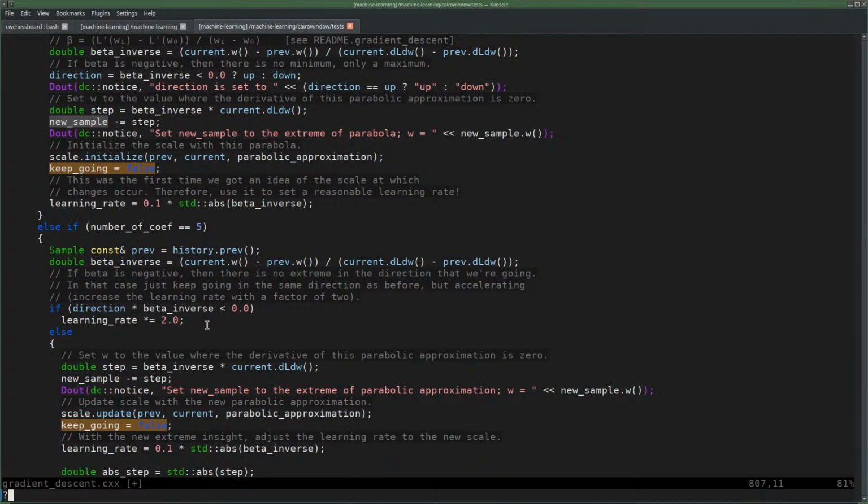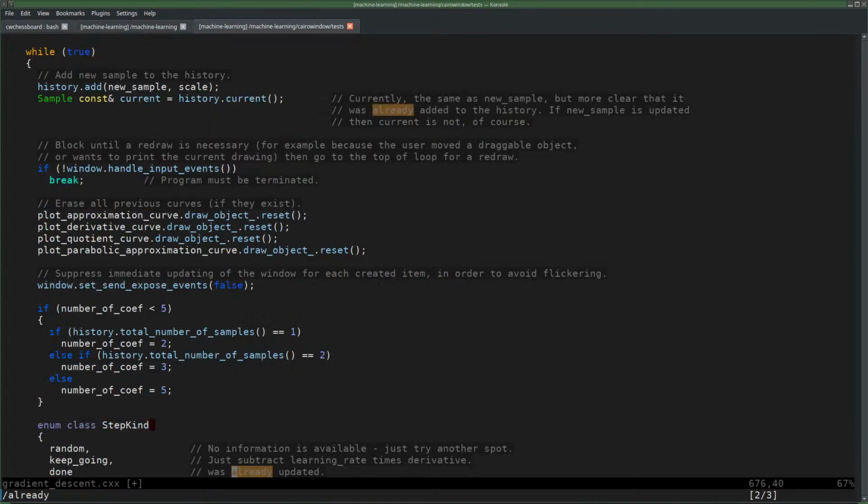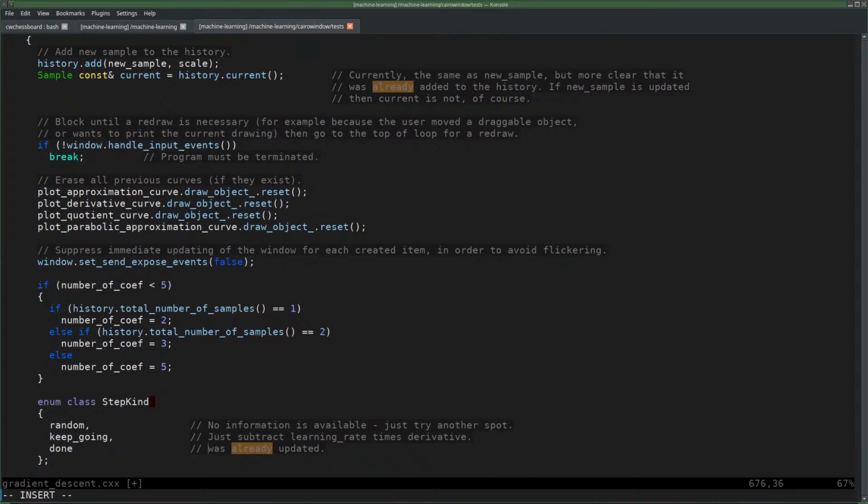And new sample is defined where? All the way at the top, so we definitely know what that is. So it was already updated.